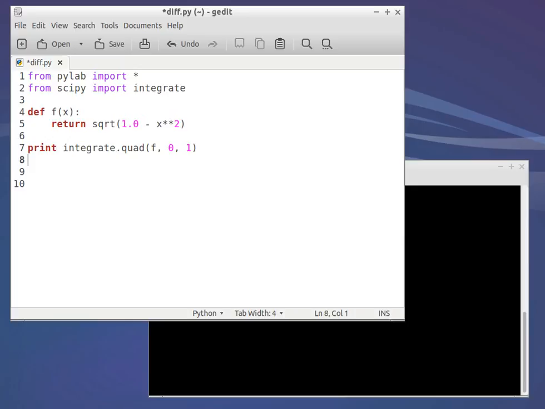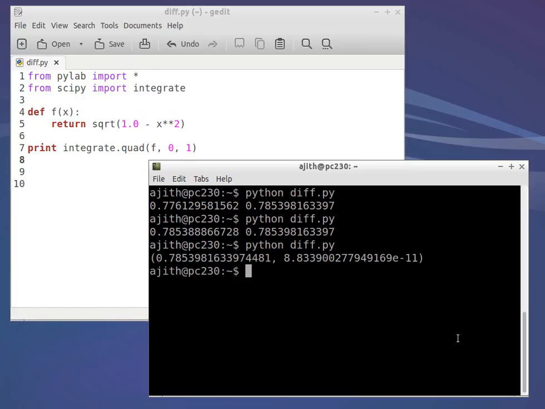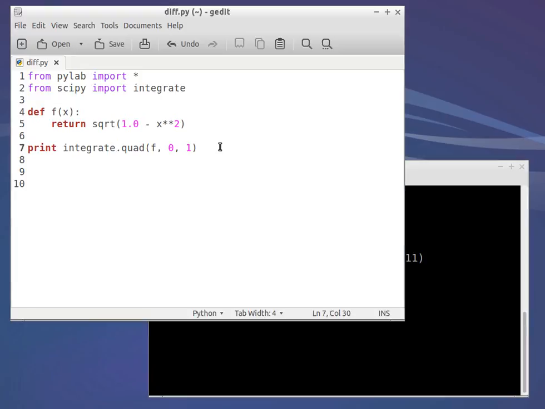So let us see what it gives. It gives this value, and this is the estimated error, that is small. So it's returning a tuple with the actual result and the error. So we need to see only the first element and compare that with pi by 4.